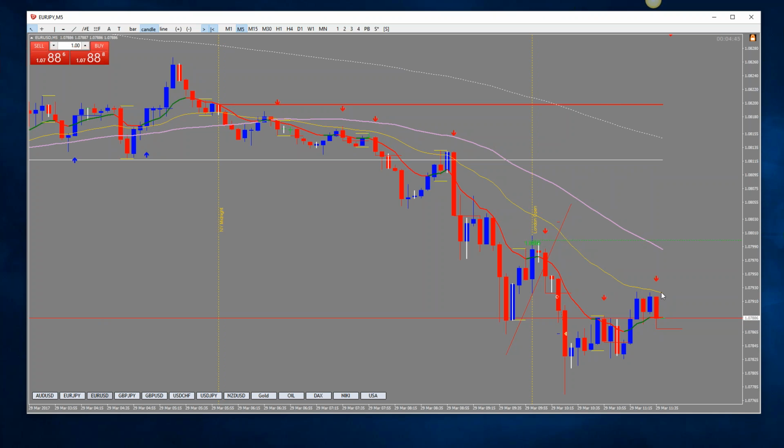Basically we've had a pullback above the 10, and we've had a close below the 10. Now we're looking for a break of the low of this candle to go short. If it does go short, our take profit is going to be 3 to 4 pips, the bottom of this consolidation here.